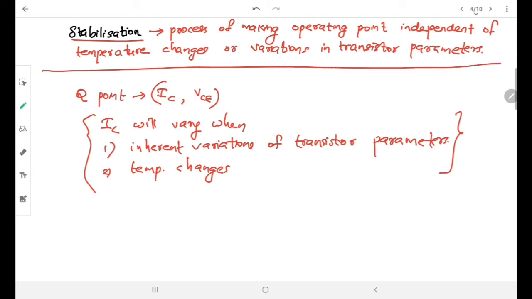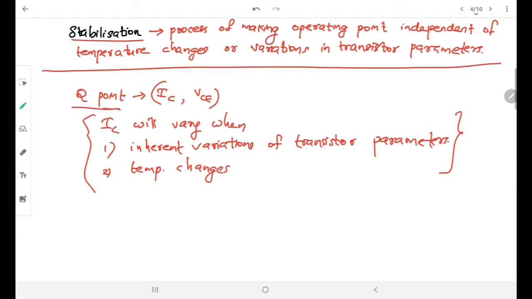So we can define stabilization as the process of making the operating point independent of temperature changes or variations in transistor parameters. These two points will cause IC to change. If IC is changing, the Q point will change.